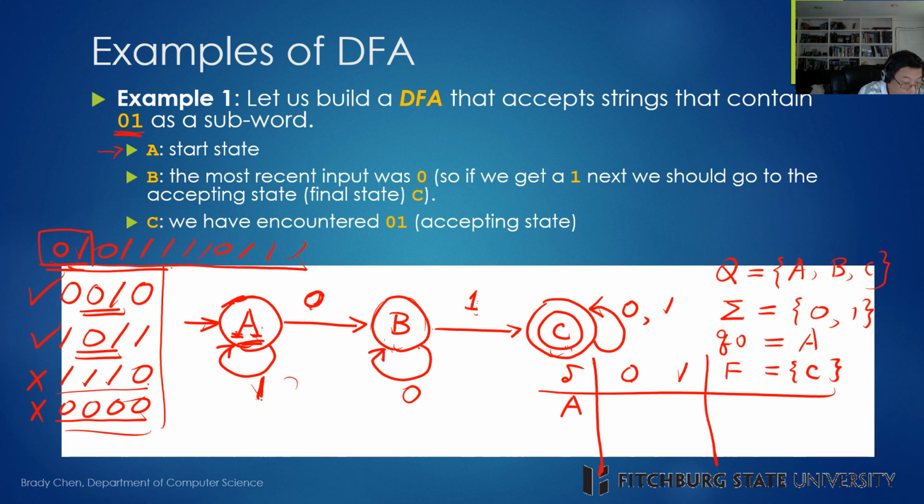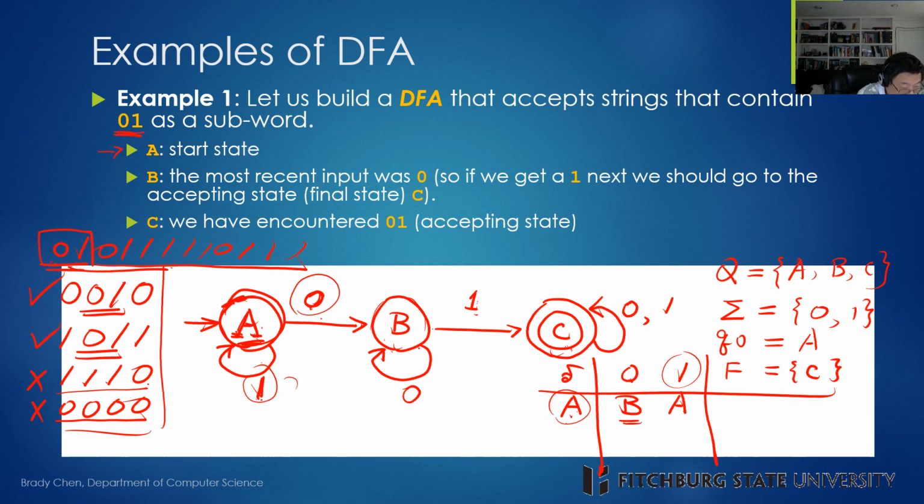If the input is 0, A combined with 0, what's the next state? B, right? So A combined with 0, we reach B. Now if A combined with 1, what's the next state? We stay in A, right? So that's the whole story for state A.